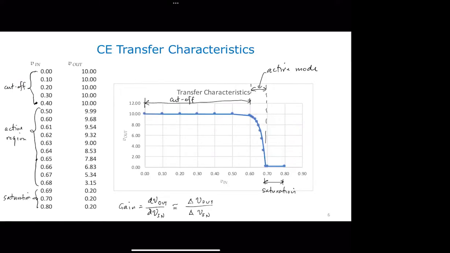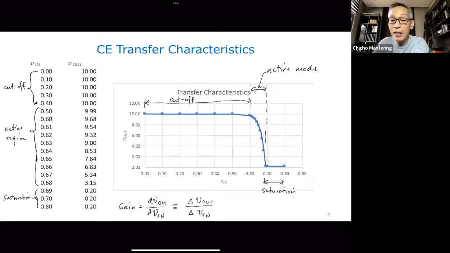Yeah, actually, for all practical purposes, it's 0. Your output does not change with input. Also here, your output does not change with input. So the only time you really have gain is in the active region. That is the only time that this quantity is not equal to 0.